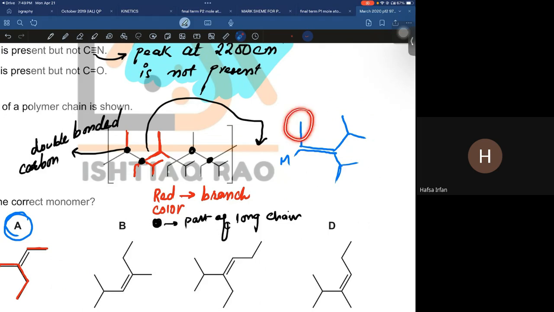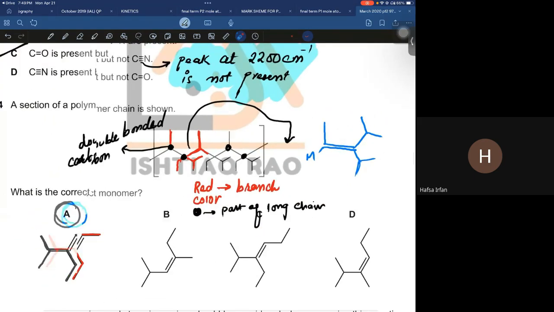This is CH3. This is hydrogen. This is hydrogen. And this is a branch, and this is another branch. The red one is the branch carbon, and the black one is part of the long chain.